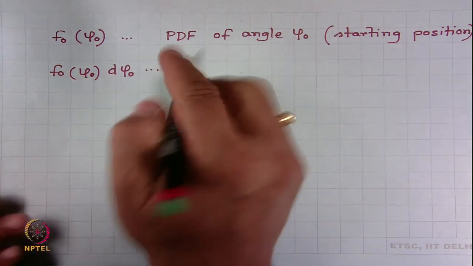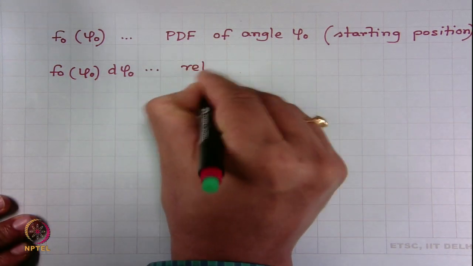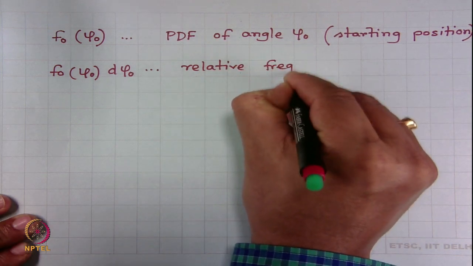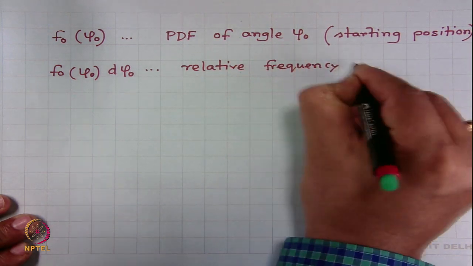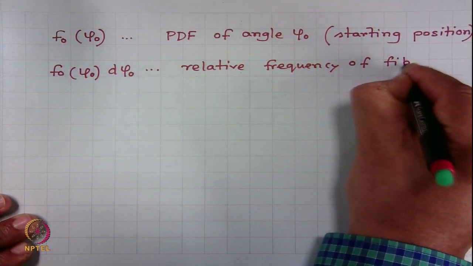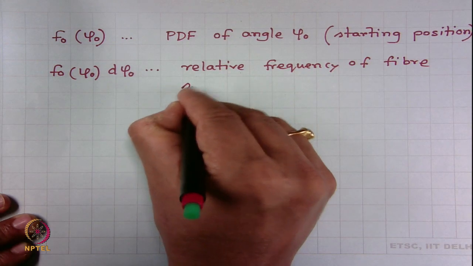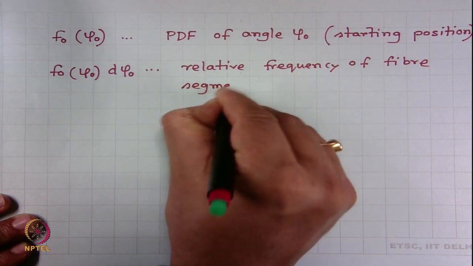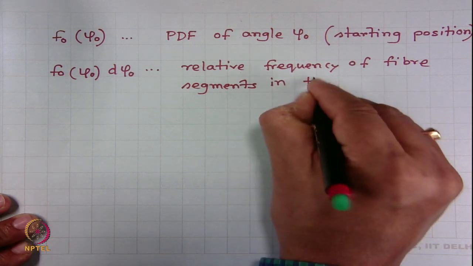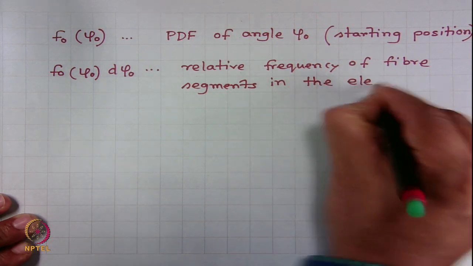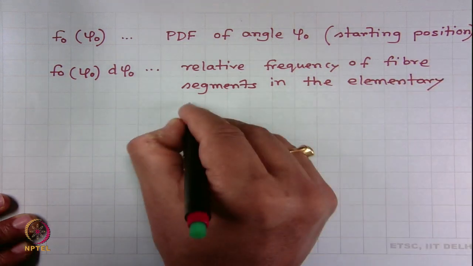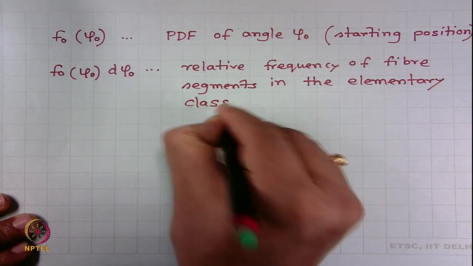So, relative frequency of fiber segments in the elementary class of width d psi naught.